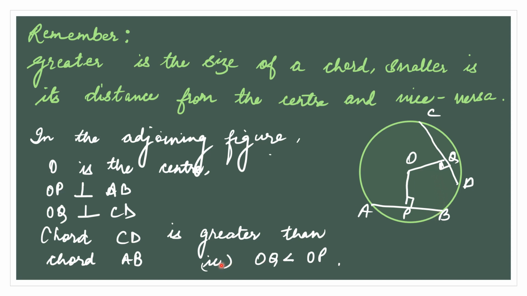Then what happens is that this distance is smaller: OQ is less than OP. This distance is smaller because this chord is bigger and this chord is smaller. O is the center, and OP and OQ are the two perpendiculars drawn from O on AB and CD respectively. Okay children, I hope you are understanding.